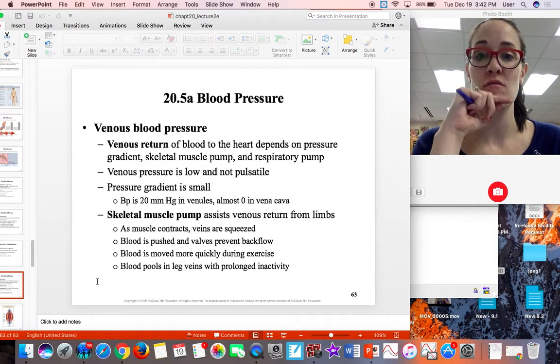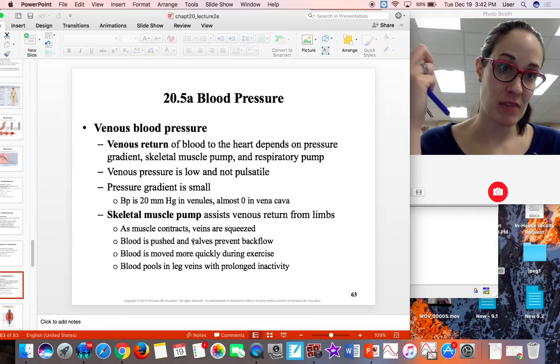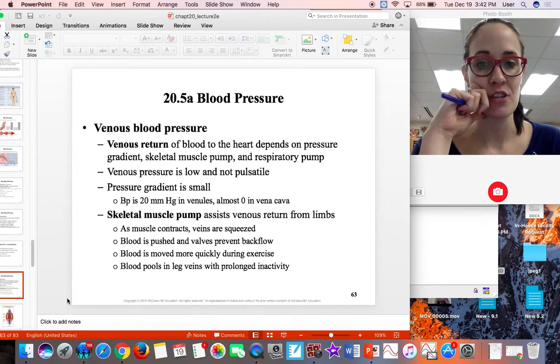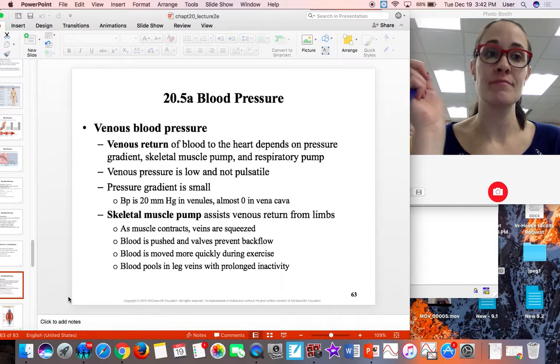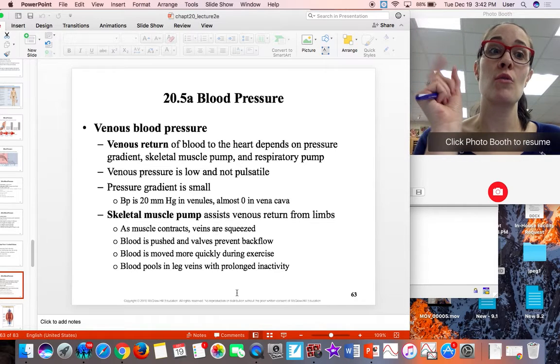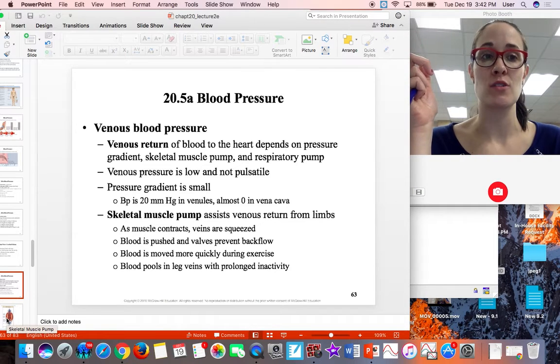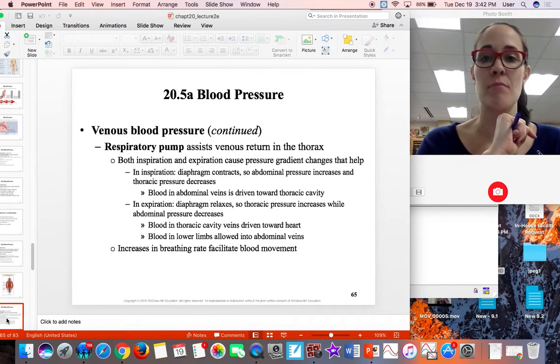That's the skeletal muscle pump. Blood is pushed out, and the valves help keep it going in the right direction. So when you're exercising, your muscles are engaged, they're contracting, and it's going to help move more blood back towards your heart.